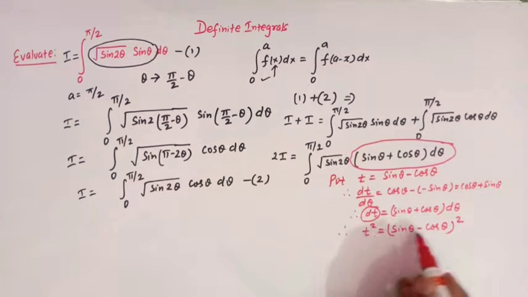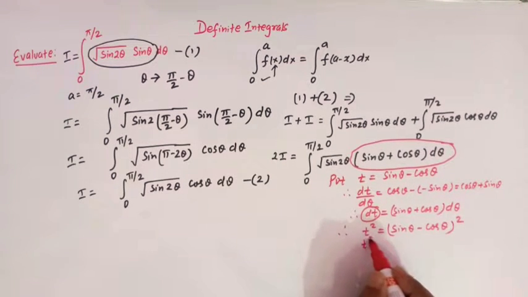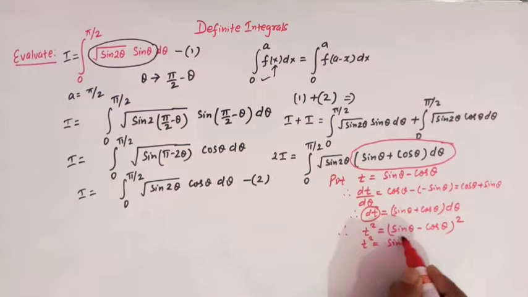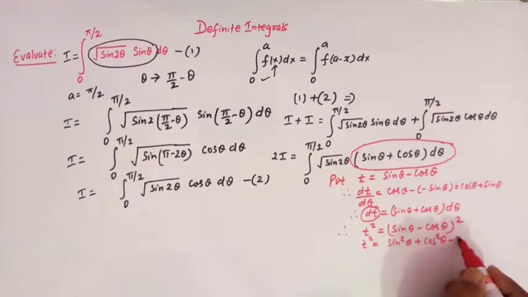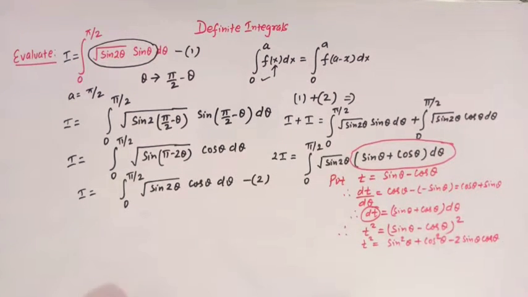So t square is (sine theta minus cos theta) whole square, and this is sine square theta plus cos square theta minus 2 sine theta cos theta, right?